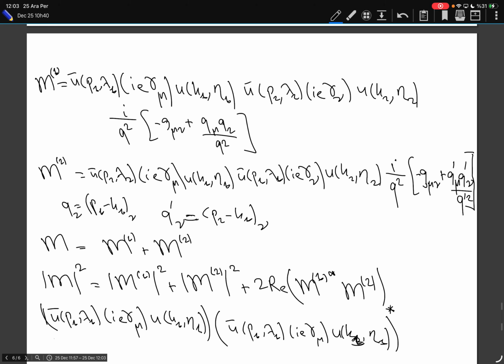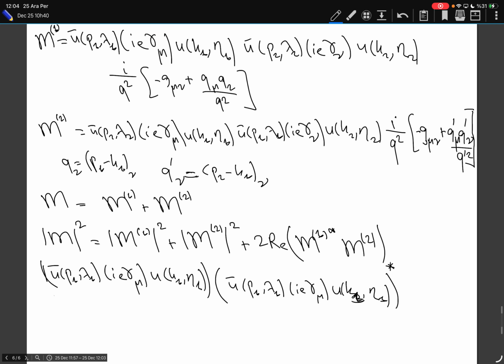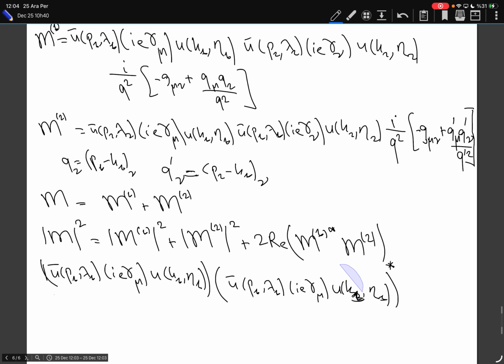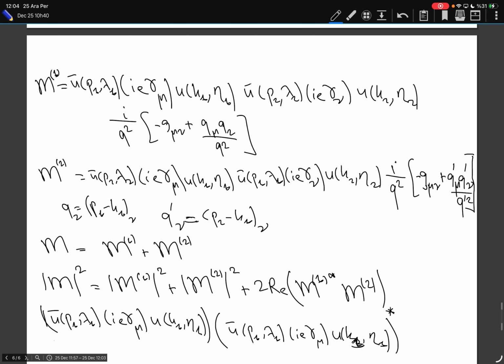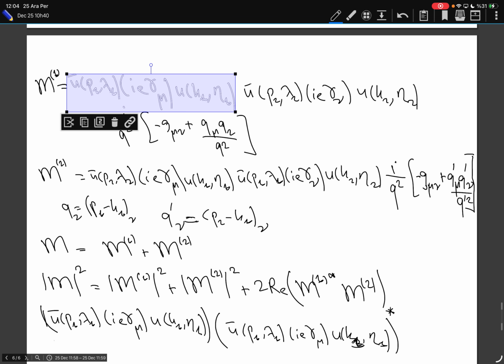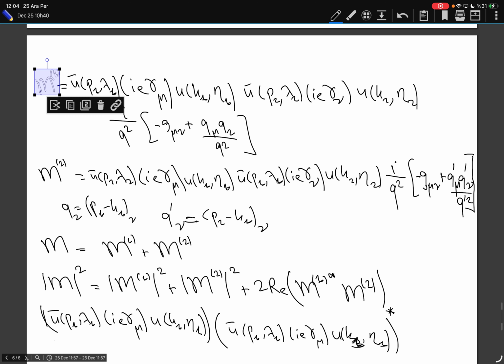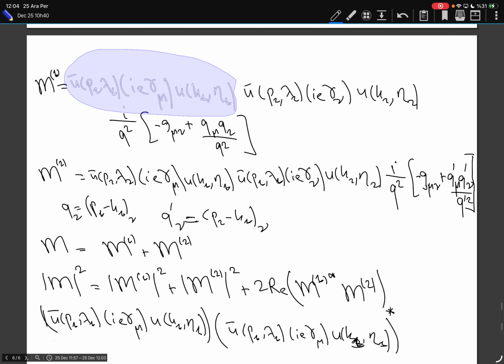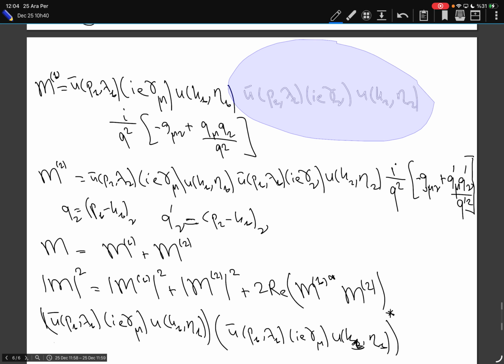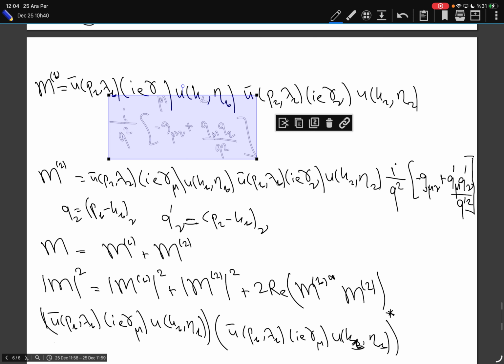But for a number or a 1 by 1 matrix, complex conjugate is the same as Hermitian conjugate. The transpose is itself. This P1 or this P2? Which one? This is P1, this is K1. Now I'm just looking at this term. When I'm calculating the absolute square of M1, I should calculate the absolute square of this term, the absolute square of this term, and the absolute square of this term, and multiply them out.